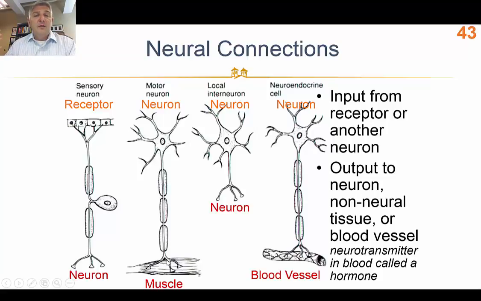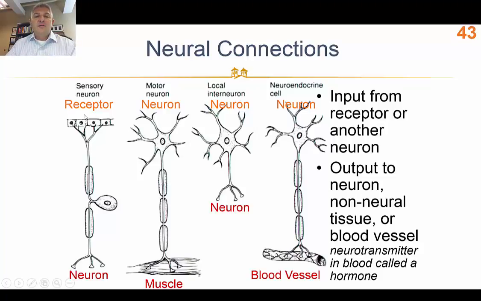When they release their neurotransmitters, it causes that muscle fiber to contract. We can also have neurons that release their neurotransmitter into our bloodstream. What happens when we release a chemical into our bloodstream? We call that a hormone. So now we're creating a neurohormone that gets circulated and has widespread effects throughout the body.